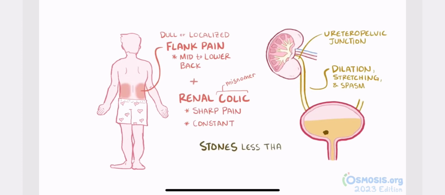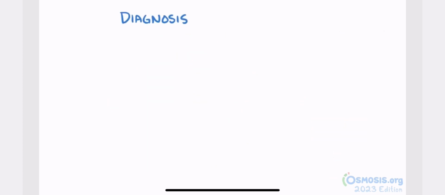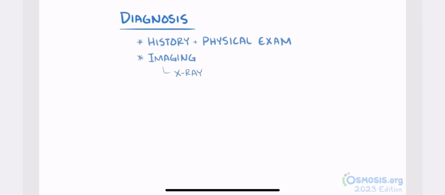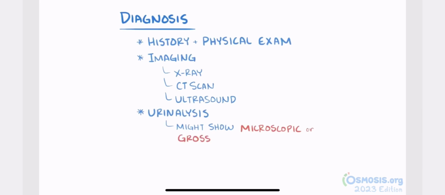Stones that are less than 5 millimeters across are usually passed within hours. Diagnosis involves a history and physical exam, as well as imaging studies like X-ray, CT scans, or ultrasound. And finally, a urinalysis because it might show microscopic or gross hematuria, which means blood in the urine.